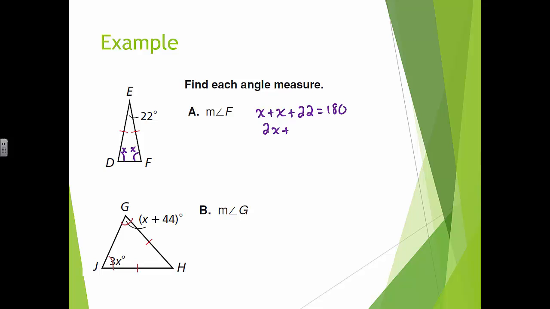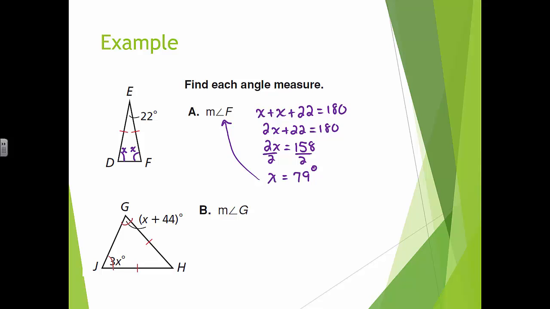That gives us 2x plus 22 equals 180. Subtract 22 on both sides and we get 2x equals 158. Divide both sides by 2 and we get x equals 79. So angle F is 79 degrees.